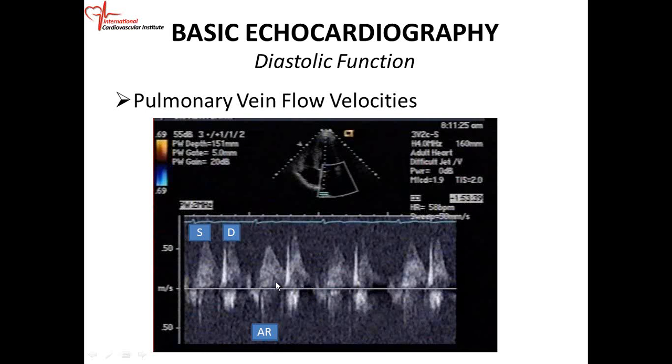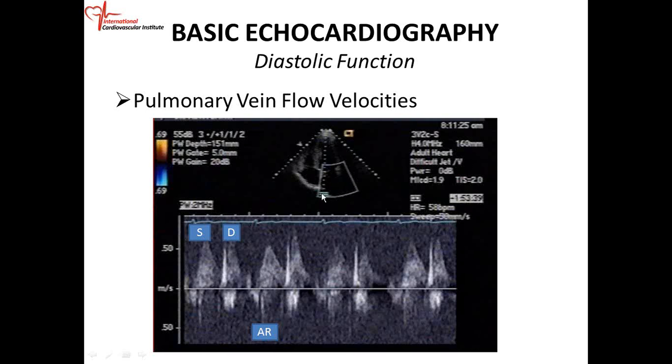Let's analyze what's going on here. Remember, blood flows from the pulmonary veins into the left atrium. Your cursor is right there. Your transducer is right here. So the blood is flowing towards the transducer, so it's above the baseline. So the systolic component is above the baseline. In ventricular systole, blood is flowing from the pulmonary vein into the left atrium.